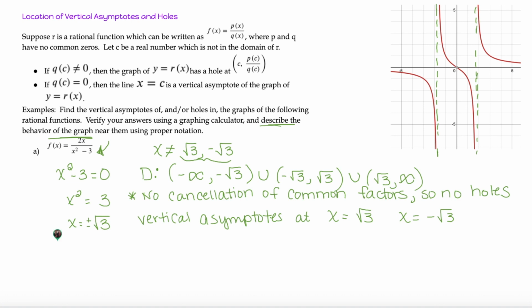So as x is approaching negative square root 3 from the left hand side, notice that our y values are getting negative. Our function values are approaching negative infinity.